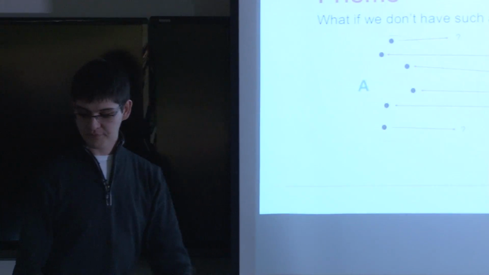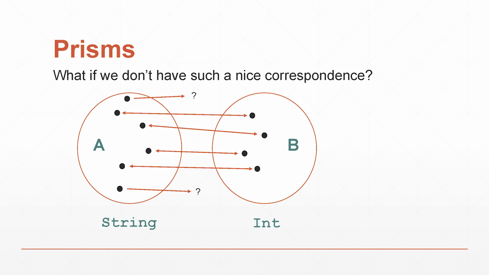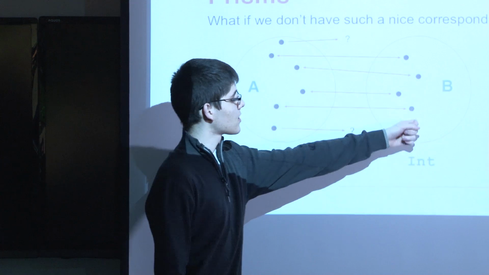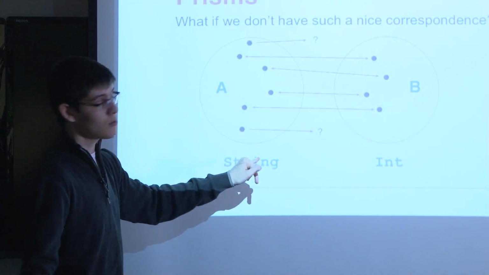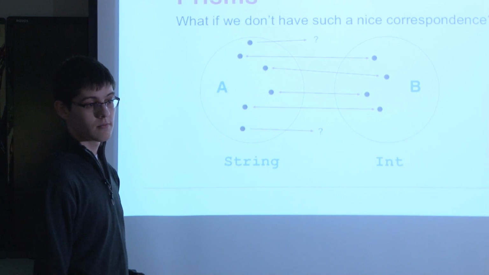So let's look at an example. Say A are strings and B are ints. The string hello doesn't have a target. The string 50 goes to 50, and we can go back from every integer to a string. For example, from 42, we get the string 42.